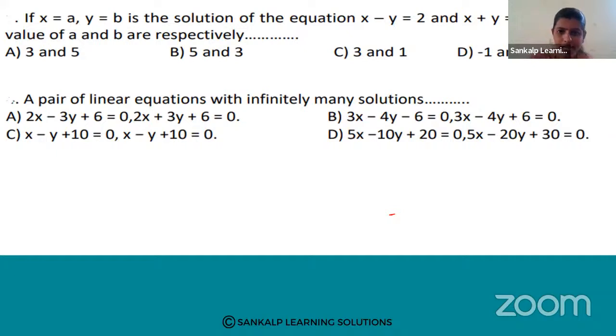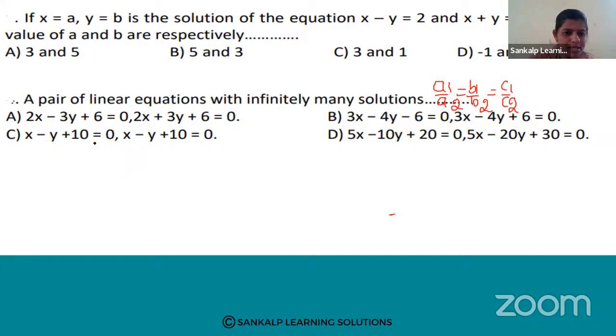So for that, we need the condition a1 divided by a2 is equal to b1 divided by b2 is equal to c1 divided by c2. So when you check all the options, the equation where you get this result is the correct answer.